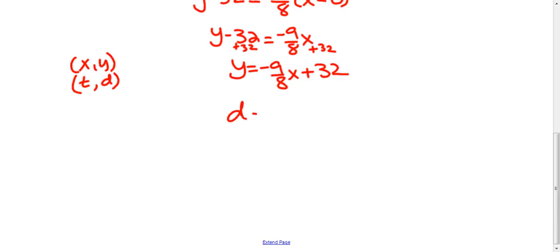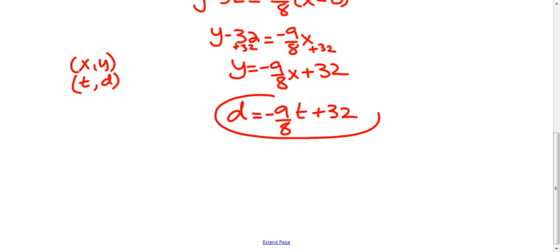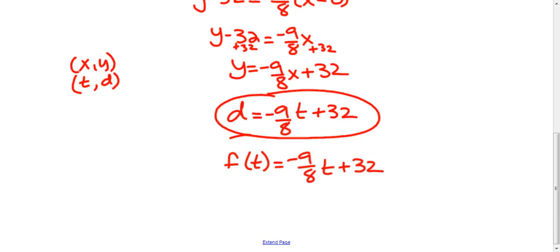My y was a d, my x was a t, and they might not have it written like this. They probably have it written in function notation instead and use f of t to do this. What that means is that the height of the water level is a function of time. That's all this is saying.